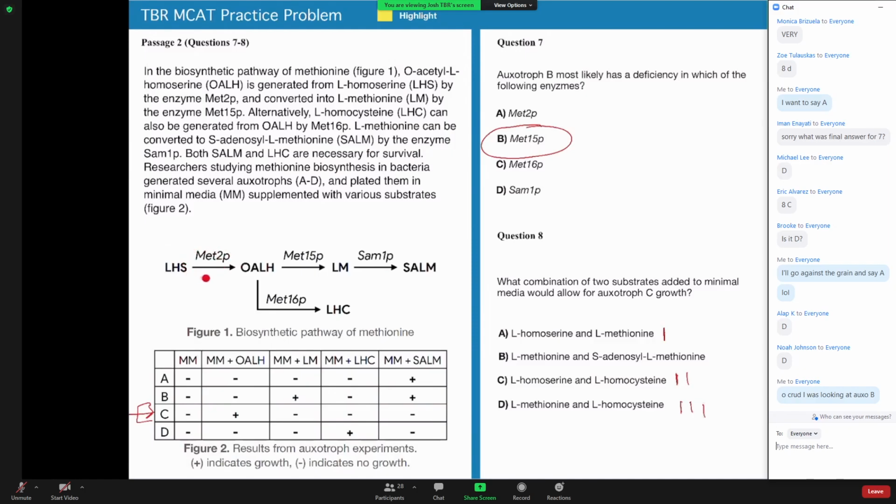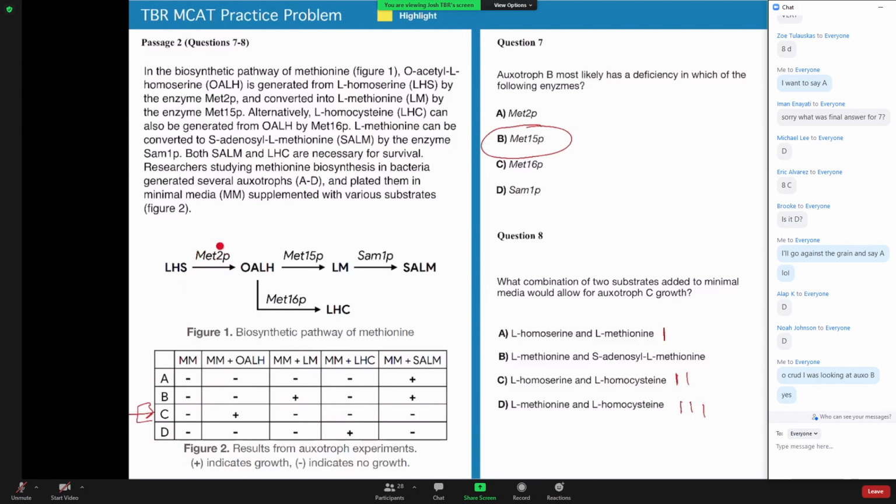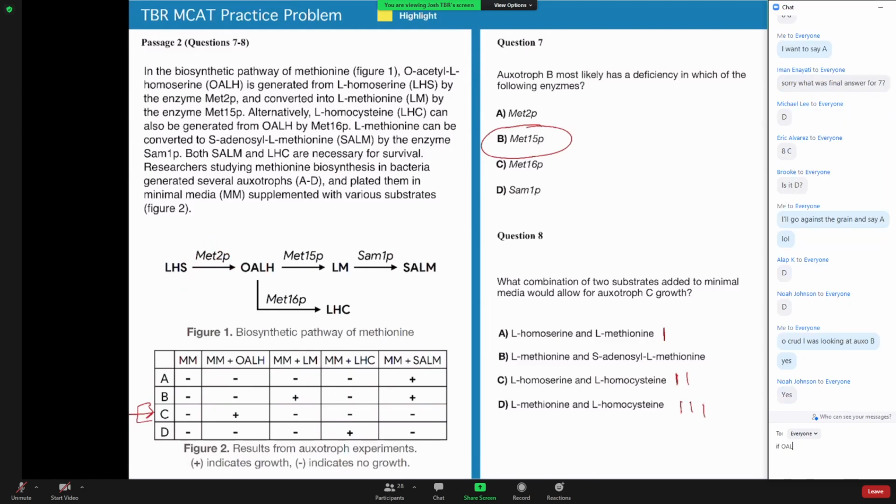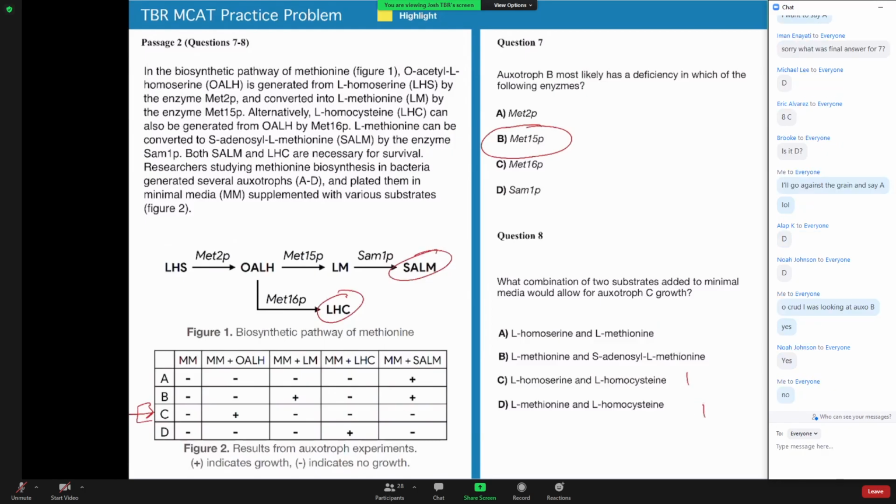Does that make sense? So now we know there's a deficiency in this enzyme. Now we need to find out what combination of two substrates added to minimal media would allow auxotroph C to grow. If there's an answer that you can just skip, like this is all we need to grow, does this show up anywhere? No, no, no, right? Okay, so now we actually have to figure this out.